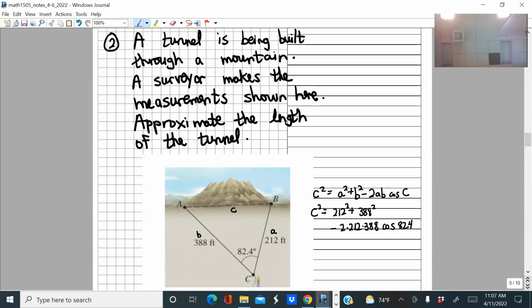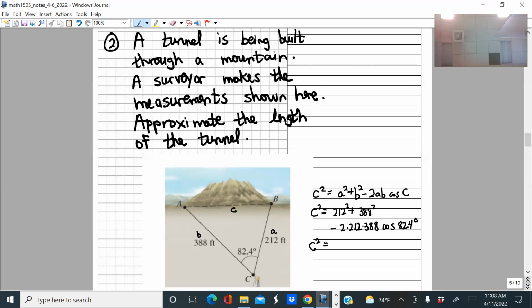So you do get to use degree mode here. That's nice. And so it's just a matter of doing the calculations, and you'll know the value of C.